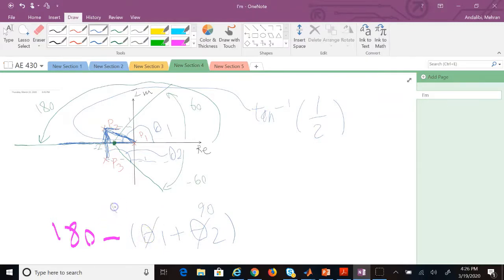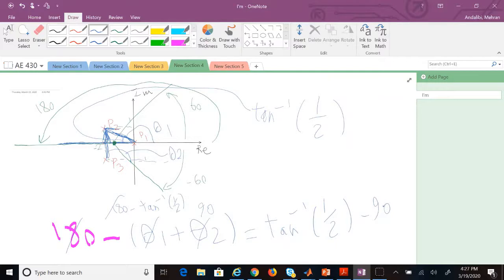It's 180 itself minus this number, tangent inverse of 1/2, right? So if you simplify this, what would happen? These two guys would cancel out, and you are going to get tangent inverse of 1/2 minus 90 degrees, right?